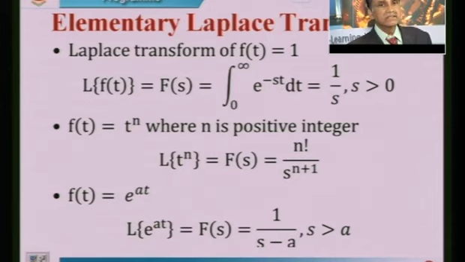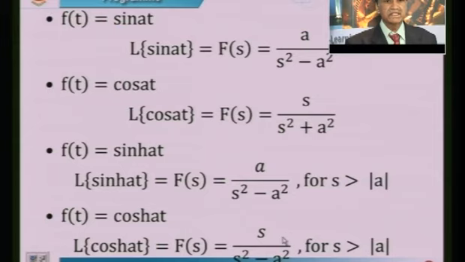Then the integration comes to be e to the power minus t into s minus a divided by minus of s minus a. Then simplification, putting back, e to the power minus infinity becomes 0, then it gives 1 by s minus a.